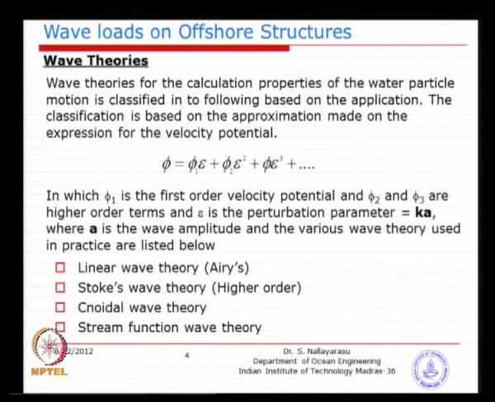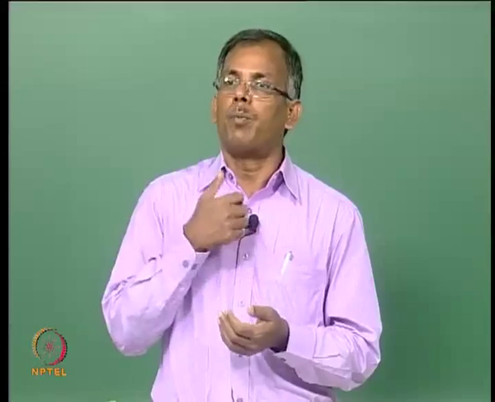Epsilon is a parameter associated with the wave number and the amplitude. We call the first order linear because the first term is linearly proportional to the amplitude of the wave. Epsilon is nothing but K A, where K is the wave number and A is the amplitude of the wave.